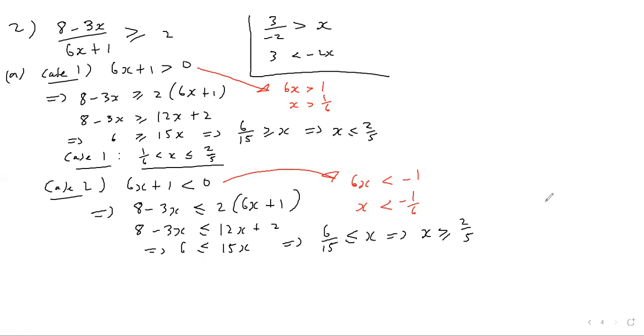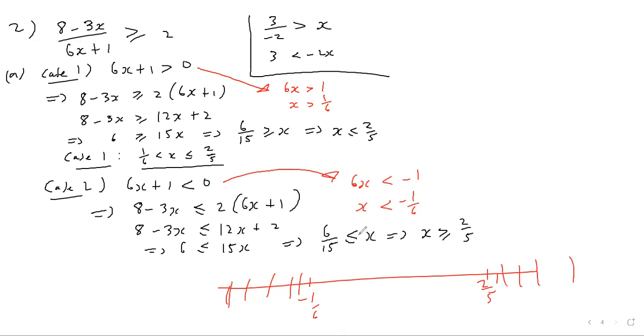But that doesn't actually make any sense. If we think about it like a number line, we've got -1 over 6 here, and 2 over 5 over there. So when x is less than -1 over 6, x must be bigger than or equal to 2 over 5. I mean, that makes no sense.